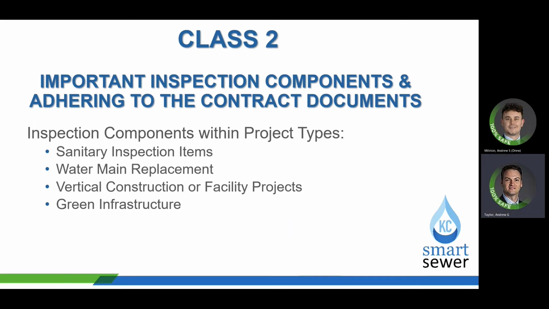With this class, I wanted to take the opportunity to highlight our different project types within the program and discuss a few important inspection components for each project type. This way, the inspectors and RPRs can be aware and look for further inspection needs within the contract documents to make sure that the contractor is adhering to these documents.